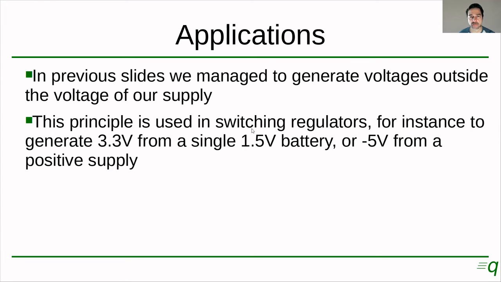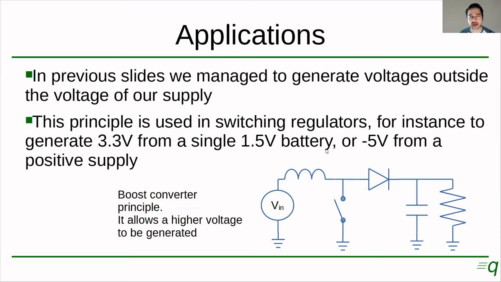So we have a 1.5 volt battery and we need 3.3 volts for our circuit, which is a fairly common voltage to power some digital circuits. And we can generate that using the techniques of generating a higher voltage with an inductor. Or some circuits require a negative supply, right? So from a positive supply of 1.5 volts, we can generate negative 5 that we may need in some circuits there.